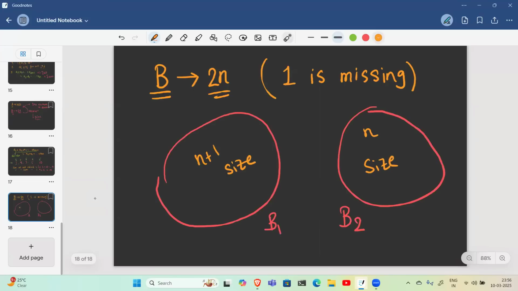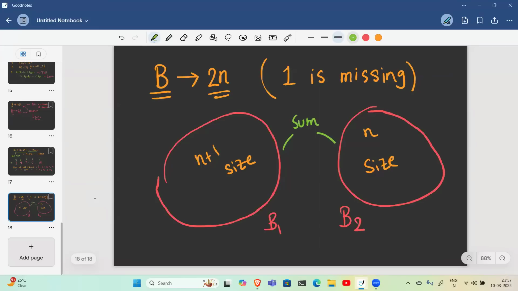I should make these bags in such a way that their sums are equal. Now you will ask me, what is the benefit if I construct these bags? Basically, if you can construct these two bags B1 and B2 such that their sums are equal, and B1 has size n plus 1 and B2 has size n, then array A is already constructed, right?